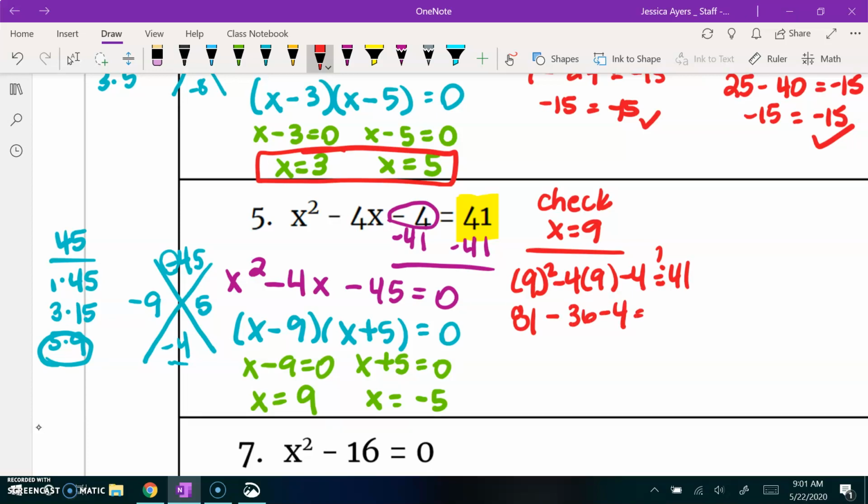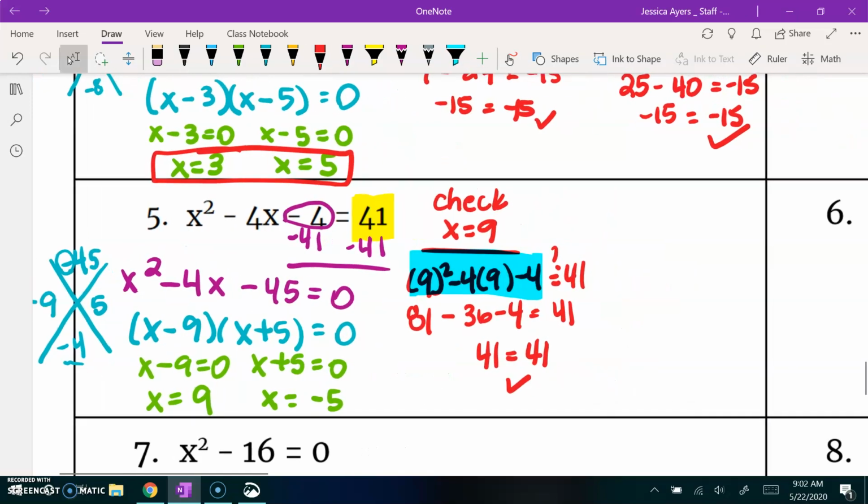Minus 4, and does that equal 41? 81 minus 36 minus 4 is indeed 41. So 41 is equal to 41. You could technically type this whole piece into your calculator, and actually I would recommend that. It makes the check a little bit faster so that you don't have to worry about the math.